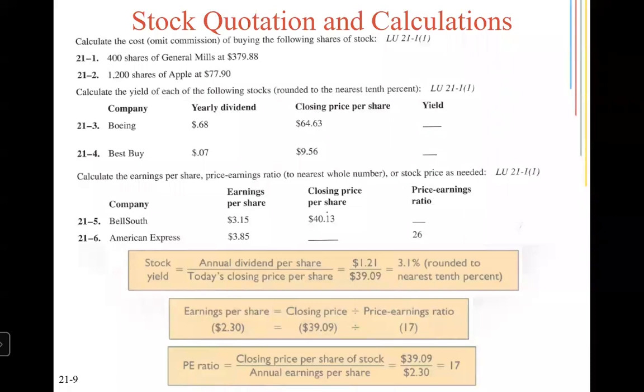Okay, so multiply each one of those and tell me what you get. I get $151,952 for the first one.